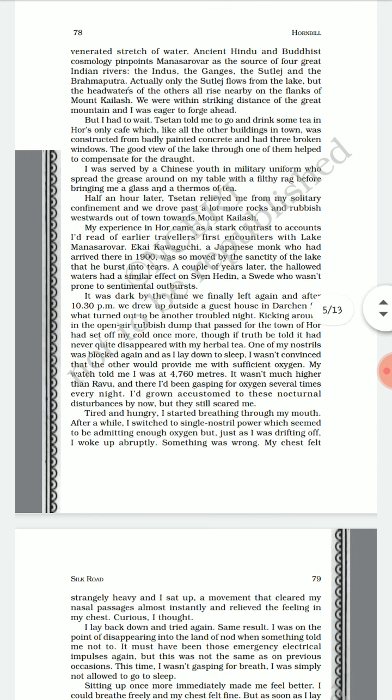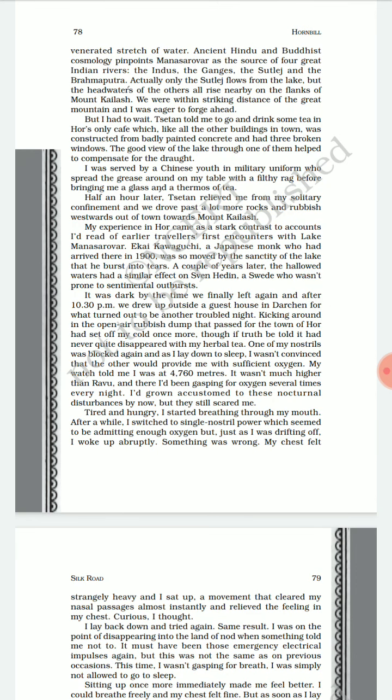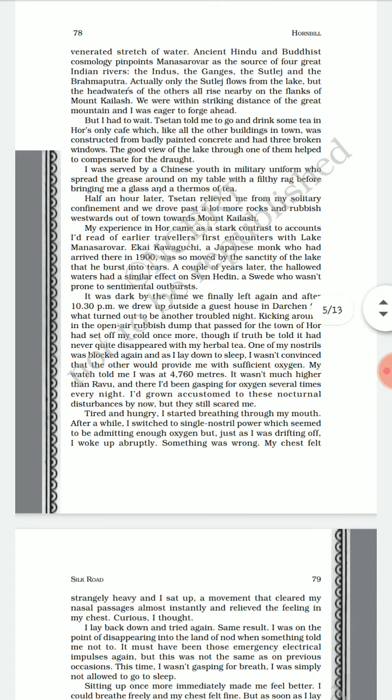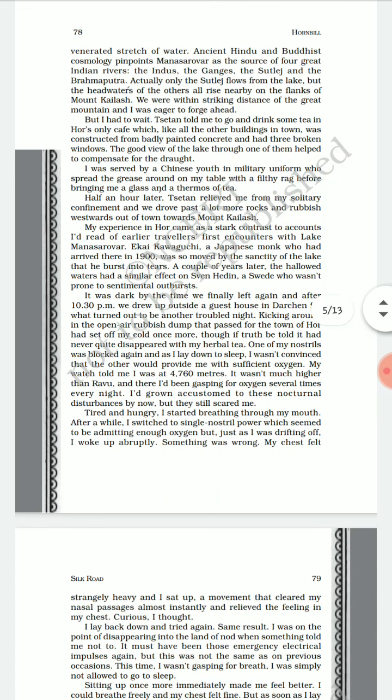So I repeat, Shitan told me to go and drink some tea in Hor's only cafe, which, like all the other buildings in town, was constructed from badly painted concrete and had three broken windows. So windows were broken, even the concrete was poorly constructed.